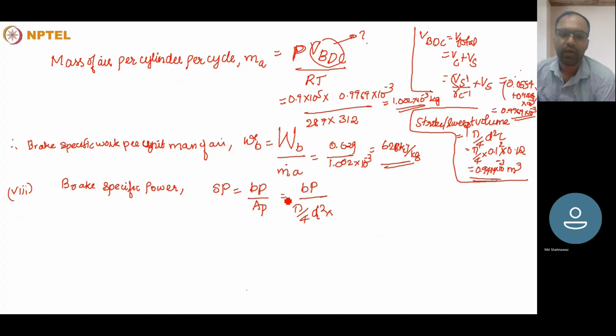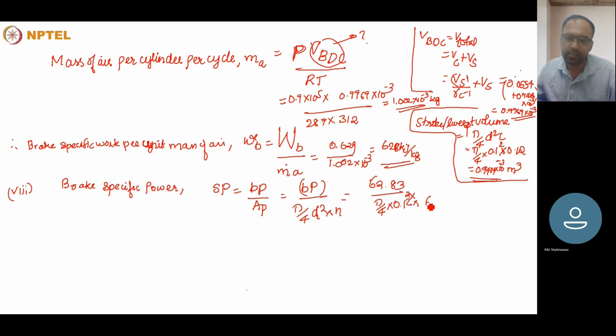So this brake power we have calculated for 6 cylinders together. So for a single cylinder, brake specific power will be brake power divided by number of cylinders, divided by pi by 4 d squared. So it will be coming around 62.83 divided by pi by 4 into 0.1 squared into number of cylinders, which is 6.